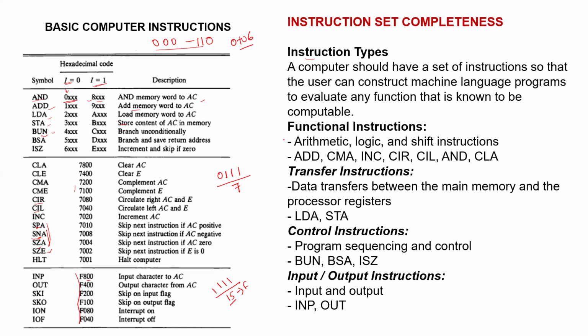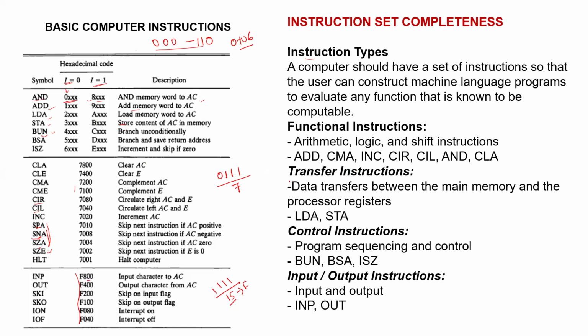Next, we have functional instructions. In these functional instructions, we have arithmetic, logic, and shift instructions, like ADD, CMA, INC, CIR, CIL, and CLA. We have seen all these here. So these are complement accumulator, increment, circular right, circular left, and clear accumulator, addition.